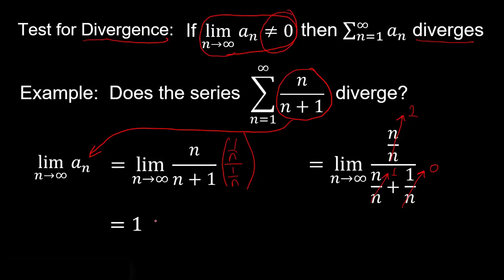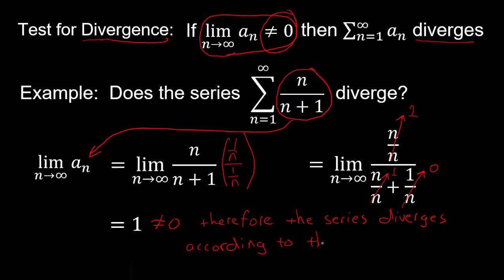Well, 1 does not equal 0, therefore our criteria up here is established, and we can definitively say that the series diverges according to the test for divergence.